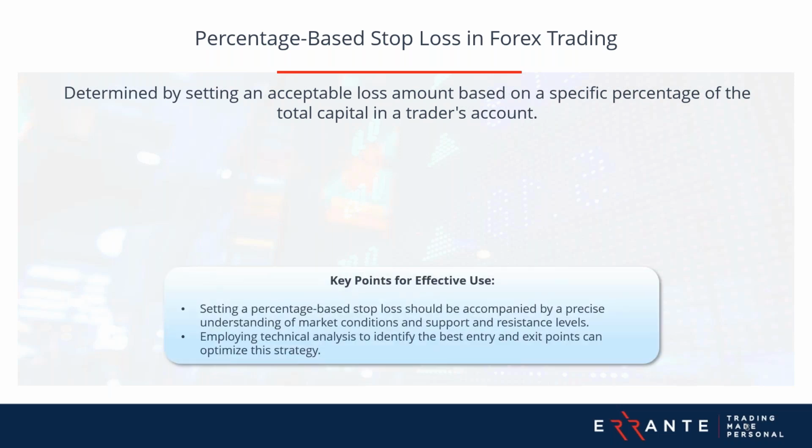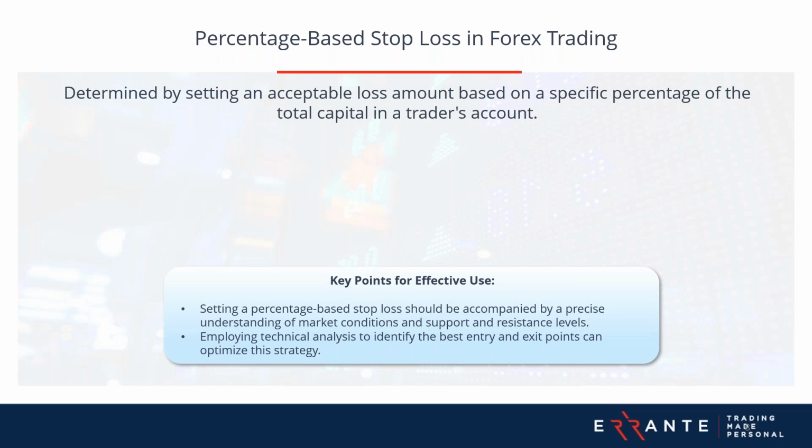So to effectively implement a percentage-based stop loss, there are a couple of crucial points to consider. First, understanding market conditions, including support and resistance levels, is essential. This understanding helps in setting the stop losses at levels that respect market psychology and technical factors.